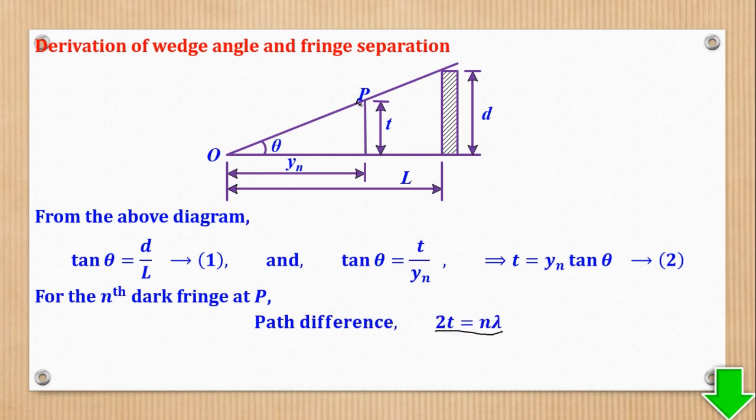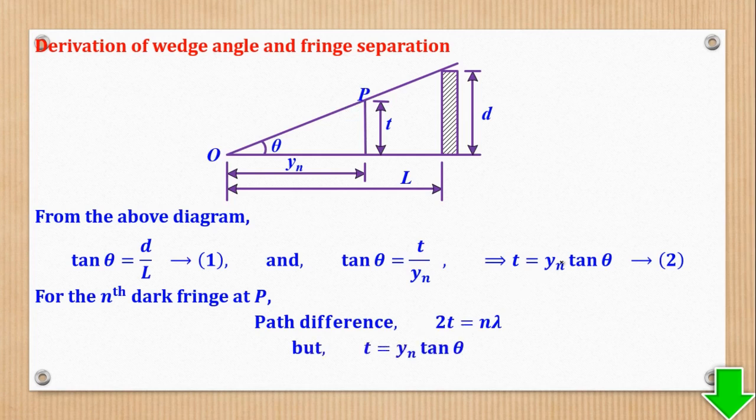So when it is at this point, you have to get the distance from here up to the lower slide. That is what you use. It is twice because at first one came here, another one went up. So this is twice the movement from here to the lower slide, then from the lower slide to this. That will be the path difference, so 2t is equal to n lambda.